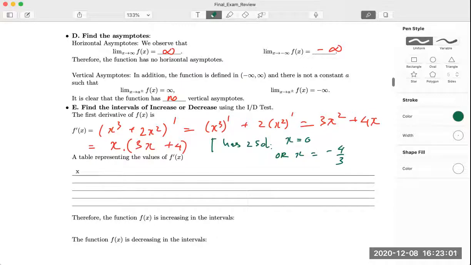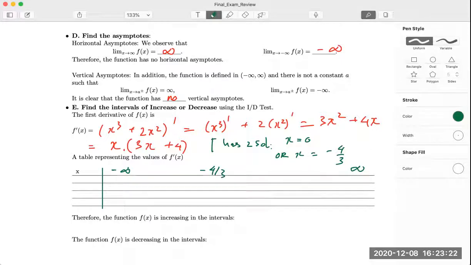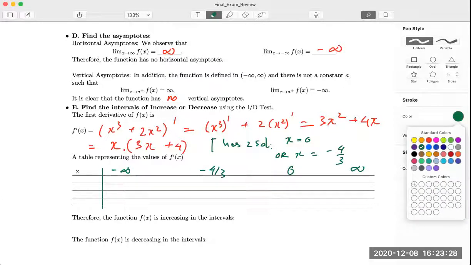So we fill in the blanks here. The reason I make a table is so that we can study it more easily. X runs from negative infinity to positive infinity. There are two solutions. The first one is negative 4/3, the second one is at 0. This is a quadratic function, and since we know the properties of it very well, I'm not going to do it in detail, but let us write it here.